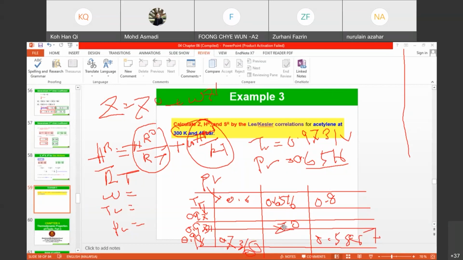If you need the equation, you can refer to Appendix F or Appendix G. Please do the interpolation and give me the answer of the Z naught. This one, not HR. Z naught and Z prime. Please do interpolation and give me the answer.